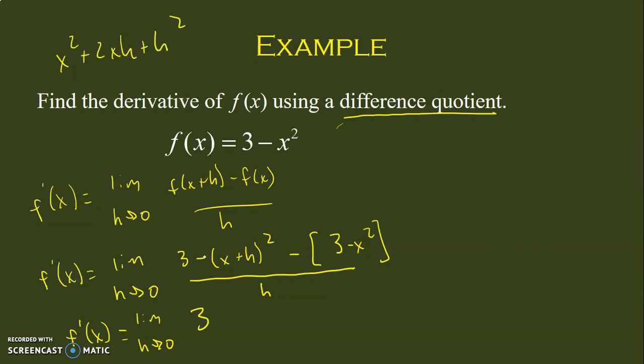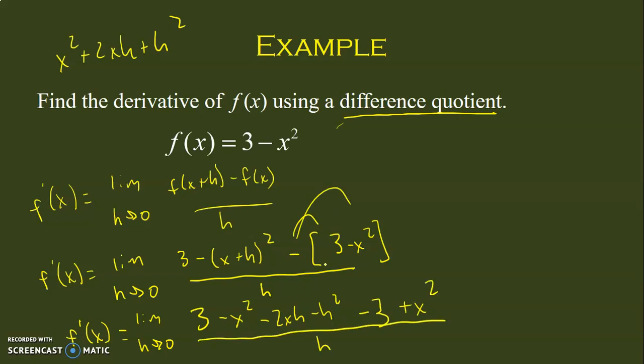I'm going to distribute the negative to all those, so minus x squared minus 2xh minus h squared. And then distribute the negative in here, so minus 3 plus x squared, divided by h.